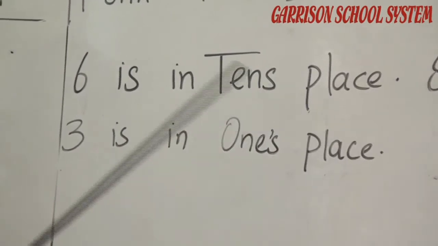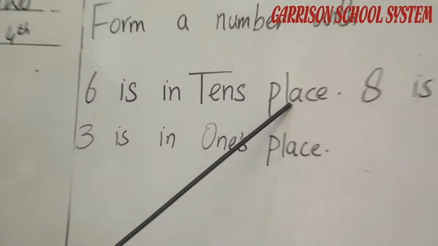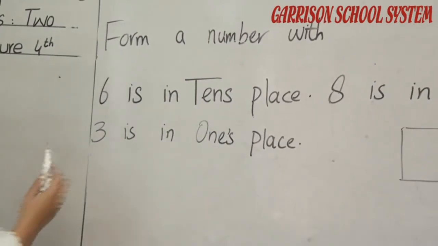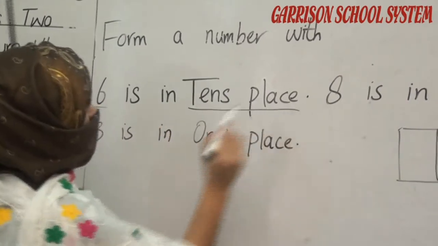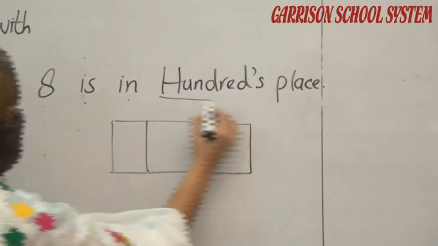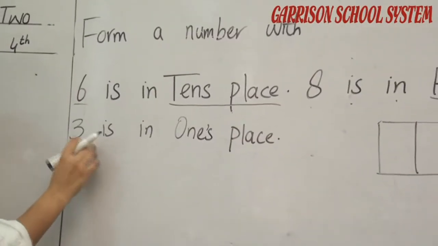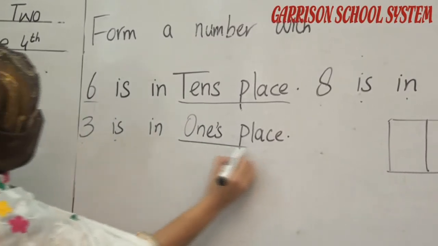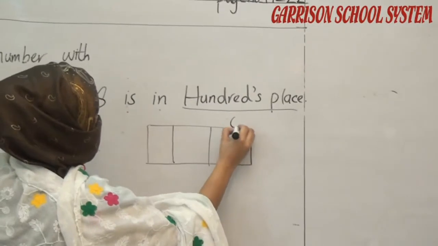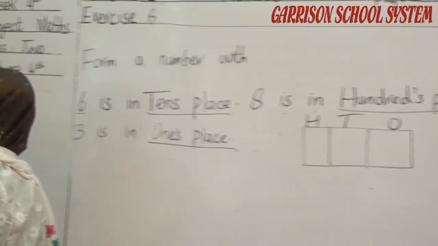Read this statement carefully. 6 is in tens place. Next, 8 is in hundreds place. Where is the ones place? Ones place is here. 3 is in ones place. So what should we do now? First of all, we write ones, tens and hundred here.